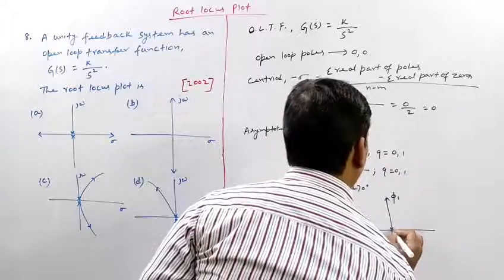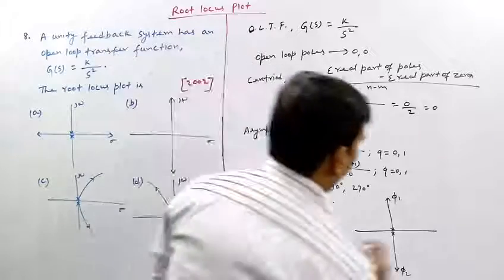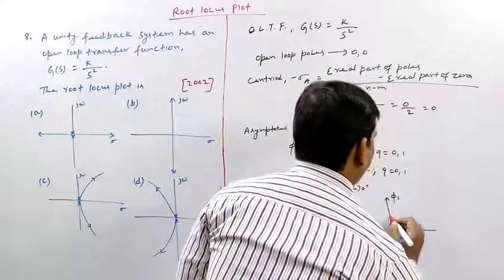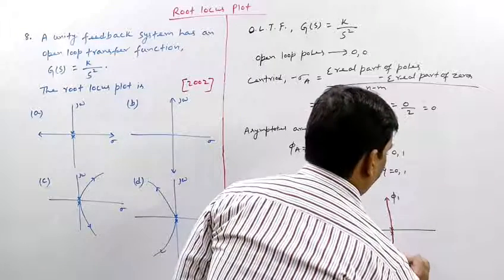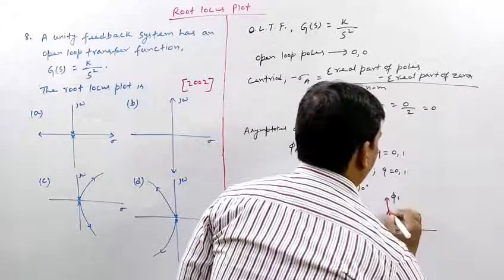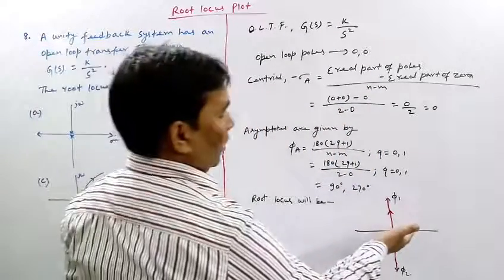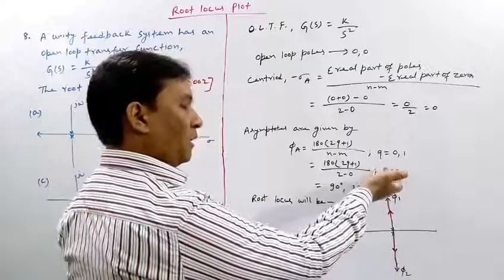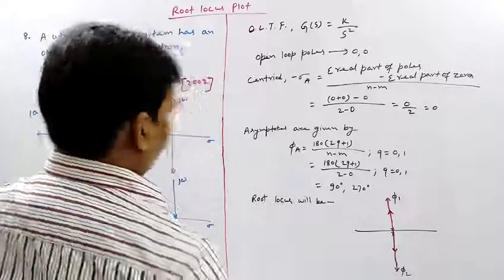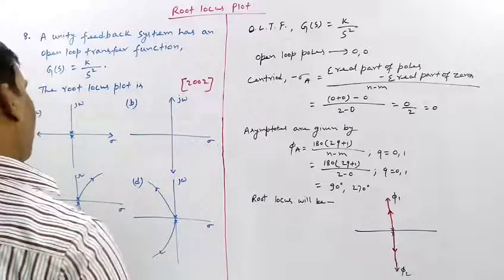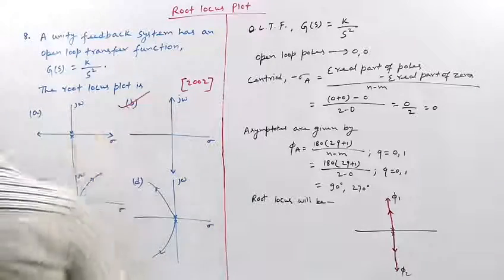There are two poles here, one branch will start from here in this direction and another branch will start in this direction. They will go in this direction. So the two branches of the root locus, one branch will be along the positive imaginary axis and another branch along the negative imaginary axis only. So which option is correct? Option number B is correct.